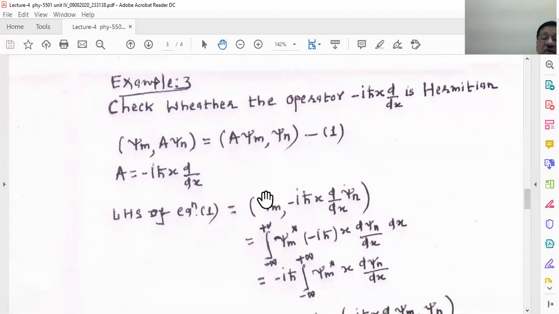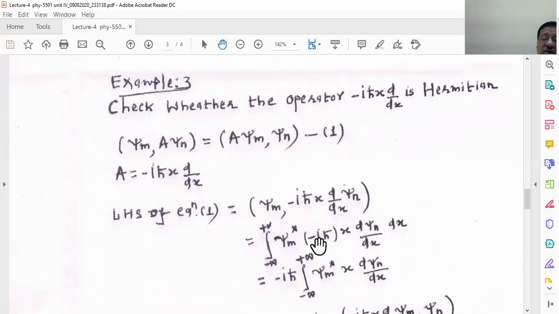This is a scalar product in bracket notation. Now it is converted into the integral form. In this integral form, you have ψ*, then minus iħ, then x as it is, then d/dx operating on ψ, so this is dψ/dx, and you integrate with respect to x. So I write dx. This is the integrand of this integration.